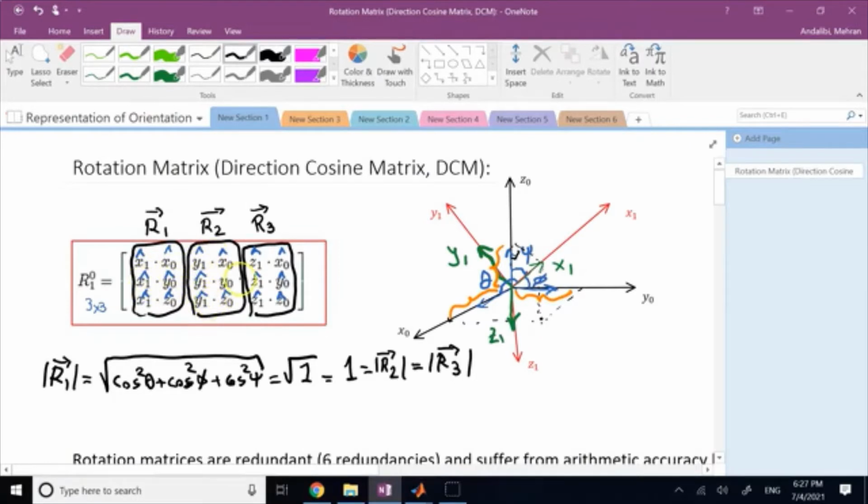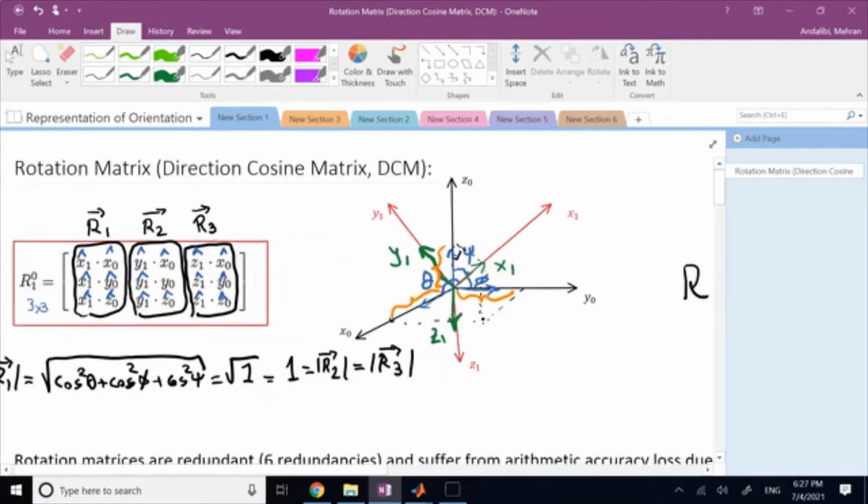Perpendicular to each other. The set of frames here we are using is a set of perpendicular frames and right-handed. Okay, so each two of them are mutually perpendicular to each other, and they are a right-handed system. So x1 and y1 are perpendicular to each other regardless of what frame you are writing them in. The same for x1 and z1, and the same for y1 and z1.